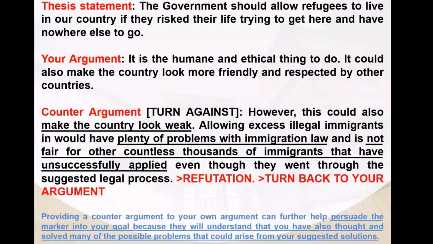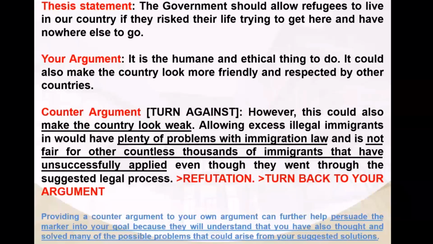Your activity is to refute or attack or rebut these counter arguments and turn back to your original argument. In other words, you are saying why these counter arguments are wrong, and then you go back to your original argument to say yours is correct, to beef it up. I hope you understand what you should do.